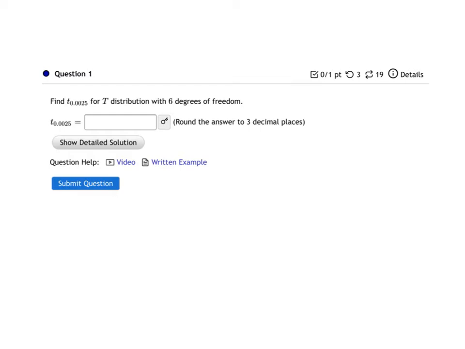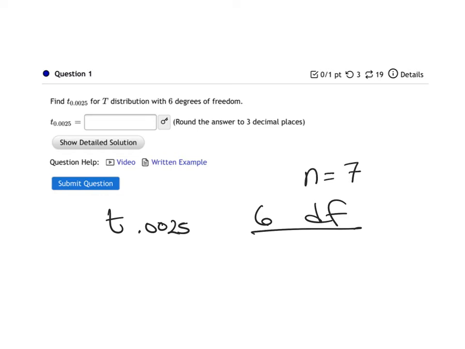So this is asking us to find the critical value, the t 0.0025 with 6 degrees of freedom. So it gives us degrees of freedom. If it is 6 degrees of freedom, just know your sample size then is 7, in case your calculator asks you for sample size instead of degrees of freedom.